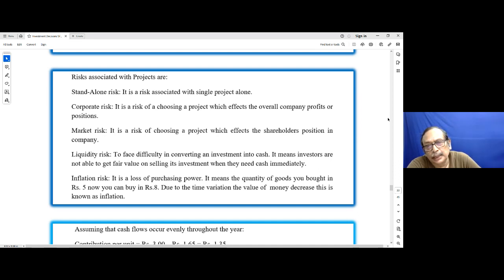Next comes market risk. It is a risk of choosing a project which affects the shareholders' position in the company. Then liquidity risk, which is facing difficulty in converting an investment into cash. It means investors are not able to get fair value on selling their investment when they need cash immediately.